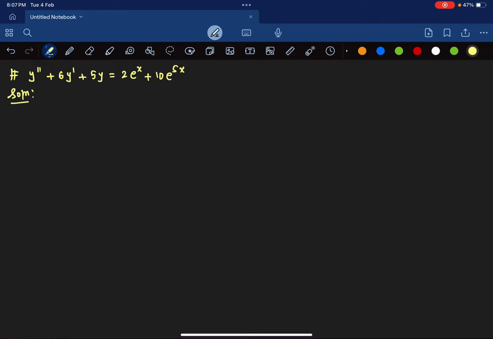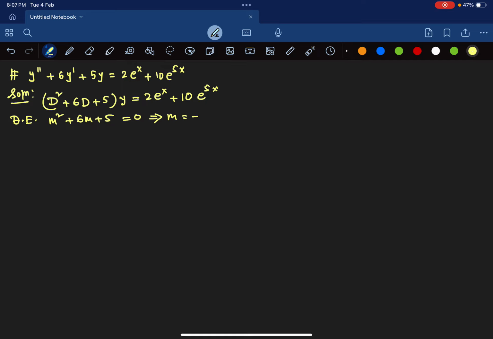Okay, solution. If I write in terms of operator, (D² + 6D + 5)y = 2e^x + 10e^(5x). So the corresponding auxiliary equation you can write: m² + 6m + 5 = 0.